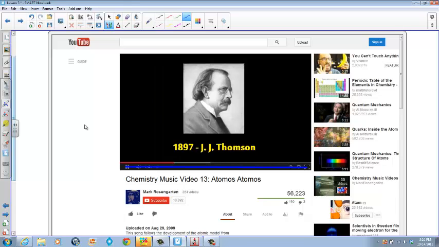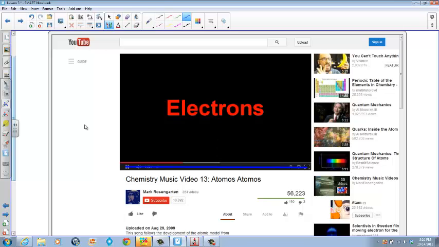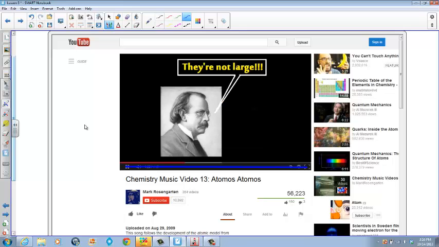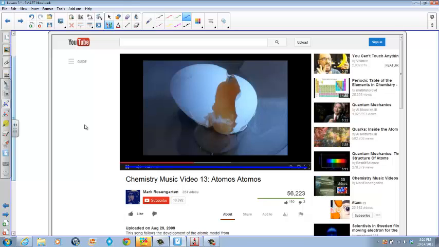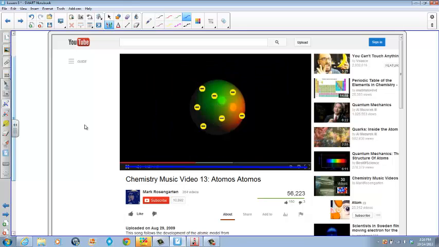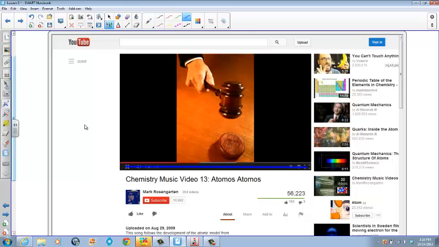In 1897, J.J. Thomson cathode rays, he noticed they deflected when a charge was in their way. They must be made of particles that have a minus charge. He called these things electrons and said that they're not large. Said the atom was a sphere, both positive and diffuse, with negative electrons which then could be pried loose. The atom's not indivisible, it's made of smaller stuff, but not even this amazing fact would prove to be enough.